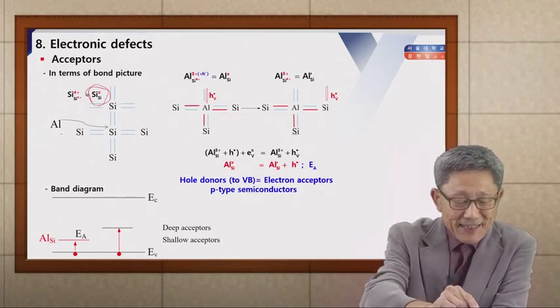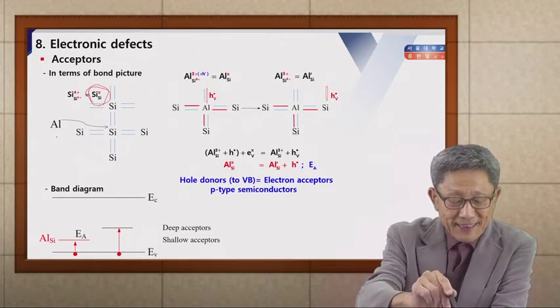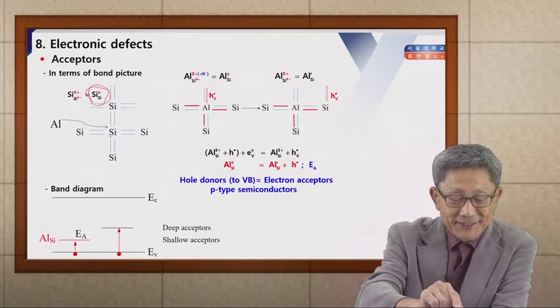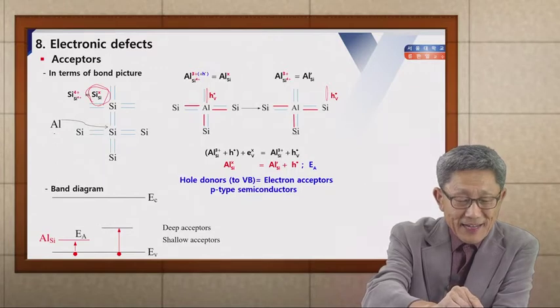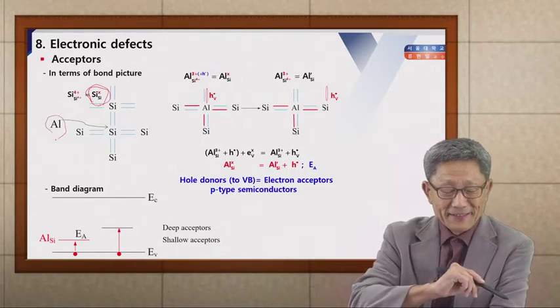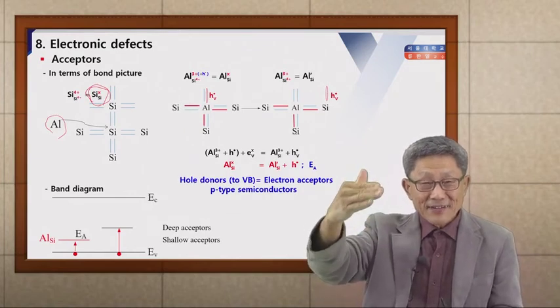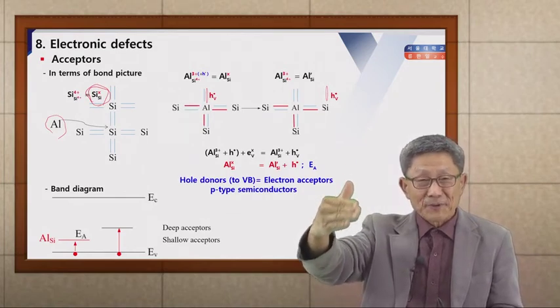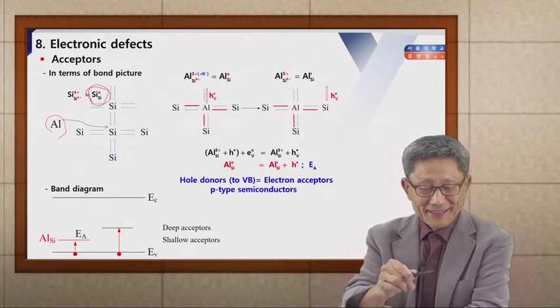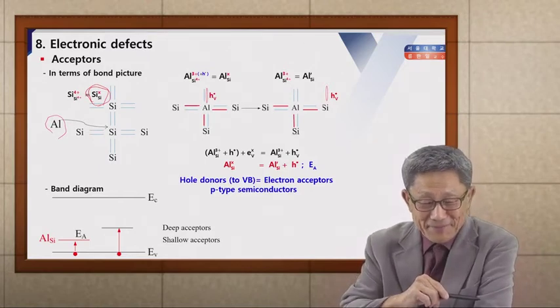Now, suppose that you are substituting this silicon with trivalent aluminum. Aluminum tends to be trivalent because it has 3 electrons in the outermost orbital. What would happen then?